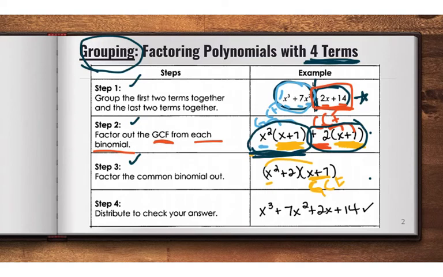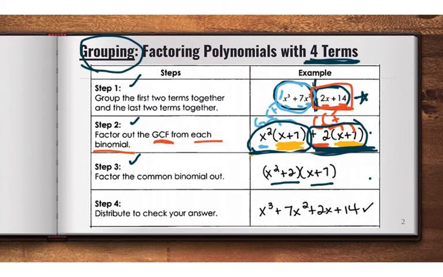Okay? Now, x plus 7 times 2 gives me my second whole group. All right? And now I have two parentheses. Let me erase this a little bit. So I have two parentheses, x squared plus 2 and x plus 7.